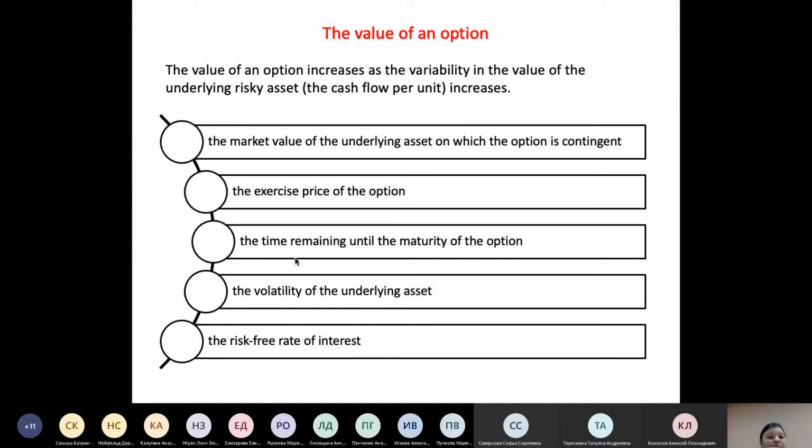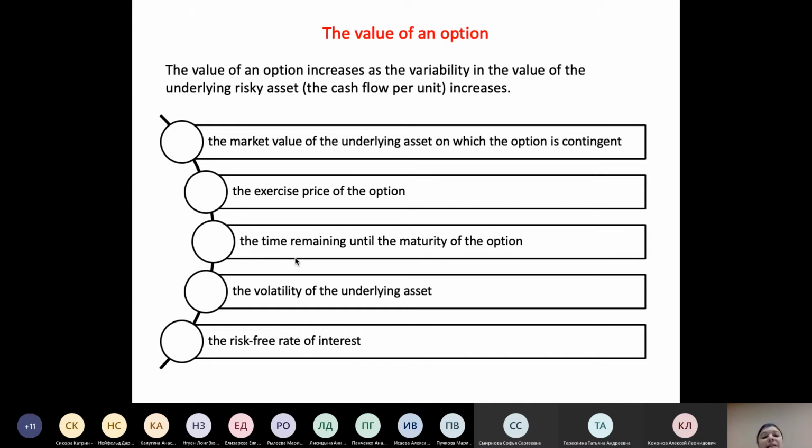First of all, the market value of the underlying asset on which the option is contingent. The exercise price of the option, and in our real option, the exercise price will be replaced by the capital expenditures of the project.